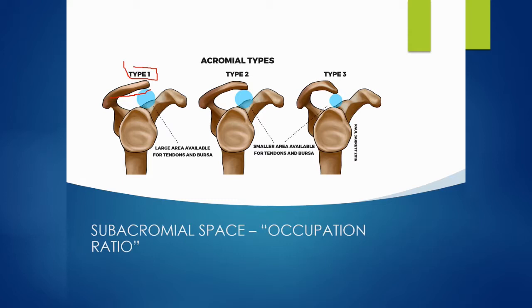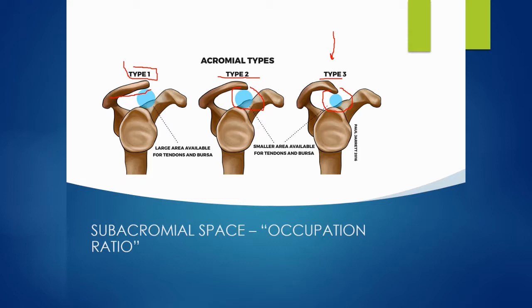Whereas with type 2 and certainly with the type 3 acromion process, the available subacromial space is greatly reduced, thereby predisposing these types of individuals to mechanical impingement and the development of rotator cuff tendinopathy due to a smaller area available for the tendons and the bursa. So these are some external risk factors for the development of rotator cuff tendinopathy based on changes in shape of the acromion process as a result of the normal aging process.